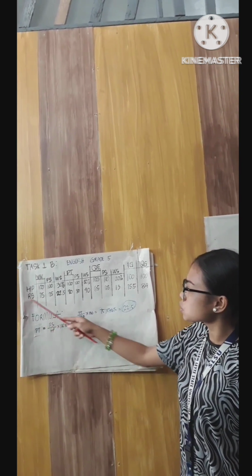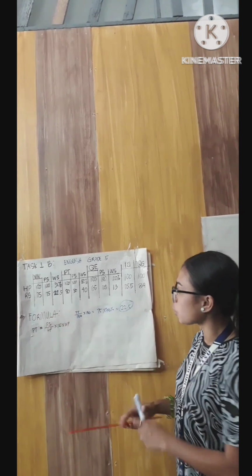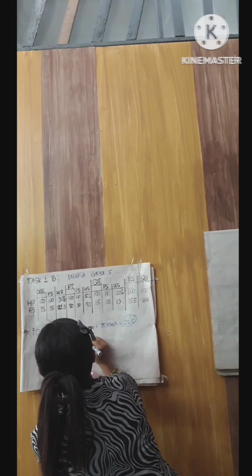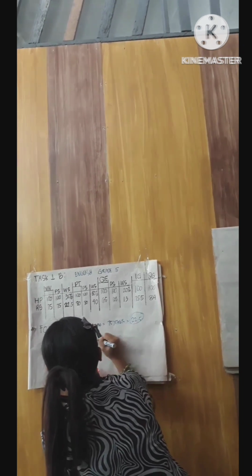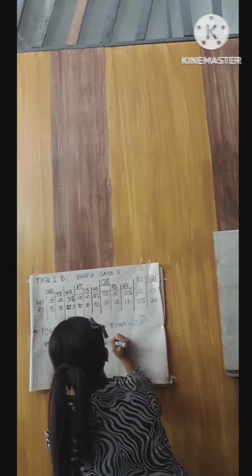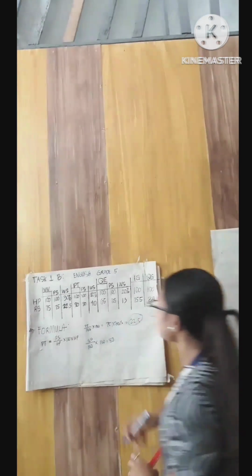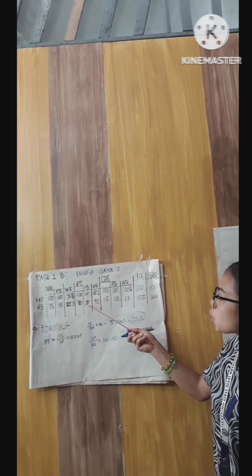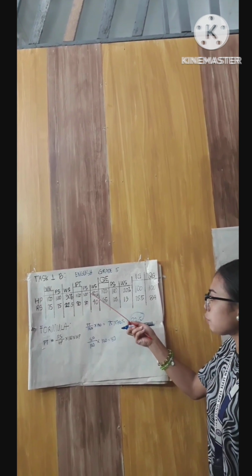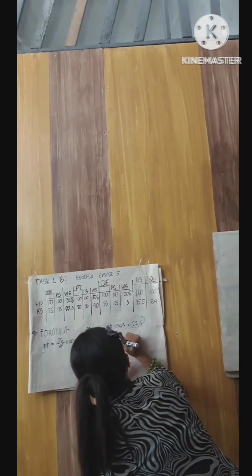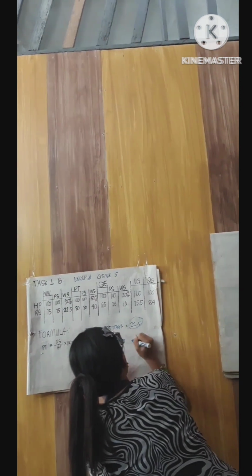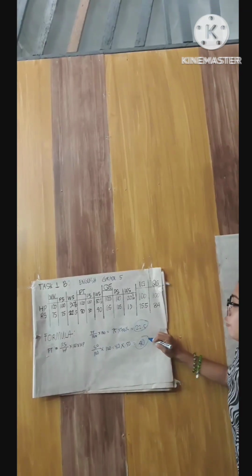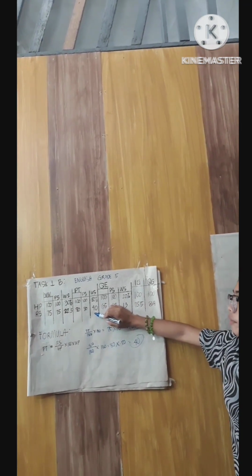RS is 80 divided by the highest possible score 100 times 100 equals 80. 80 is indicated here, the possible score. To get the weighted score, we multiply it by 50%. So 80 times 0.50 equals 40. So 40 is indicated in the weighted score of the performance task.